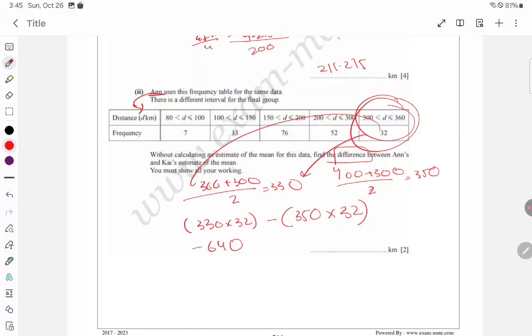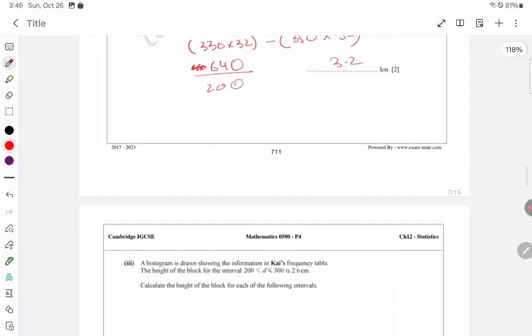Since it is a distance, the negative sign should be neglected, and it is divided by the total number, which is 200 cars. The answer will be 3.2 kilometers.